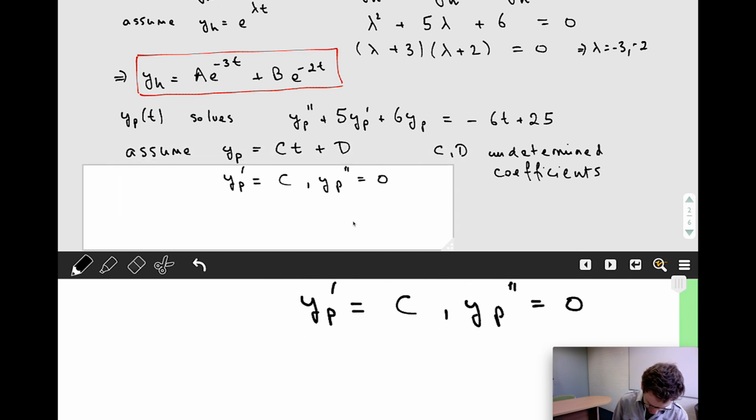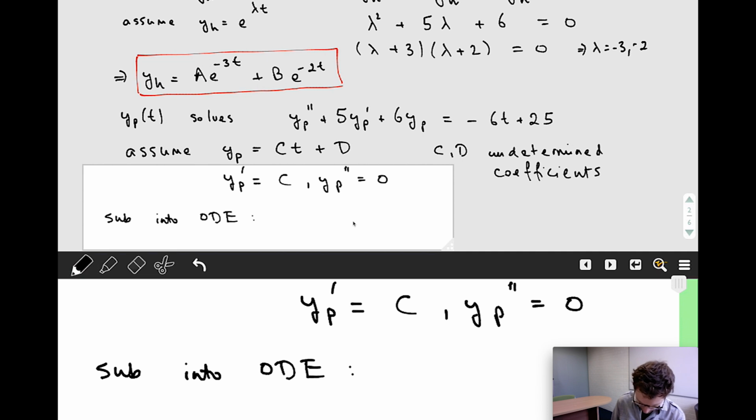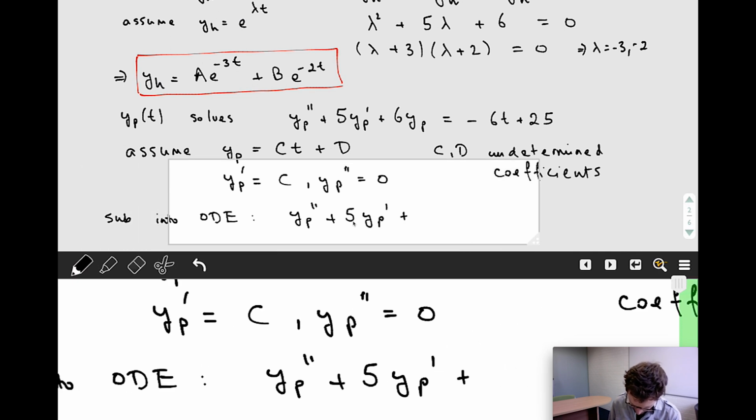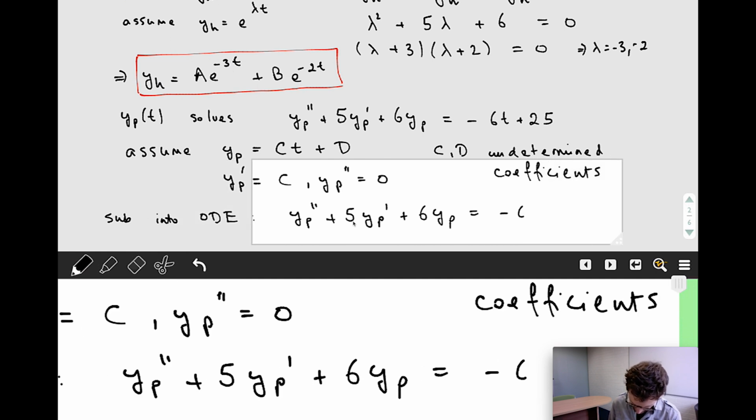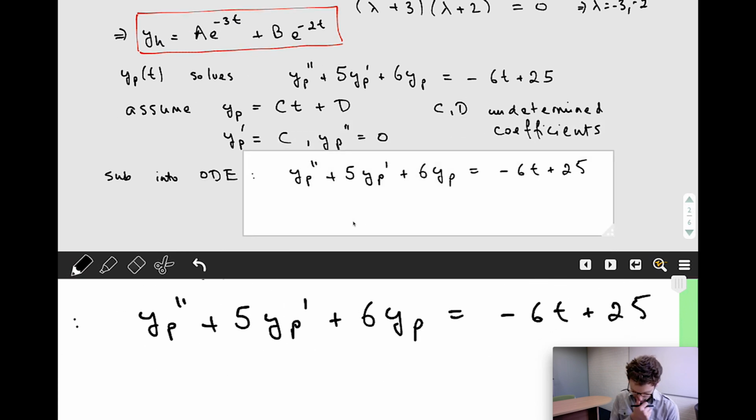So substituting into the non-homogeneous ODE, let's write that down again. We had yp double prime plus 5 yp prime plus 6 yp is equal to minus 6t plus 25. So let's put all that in.